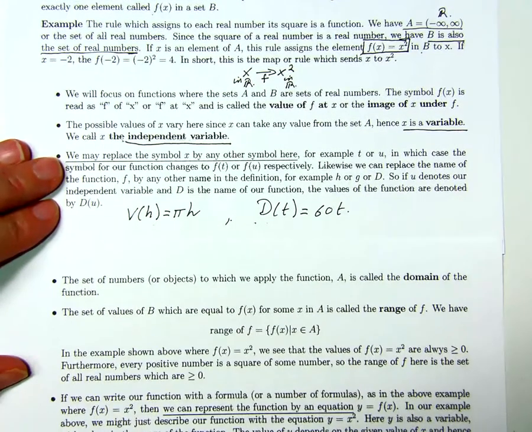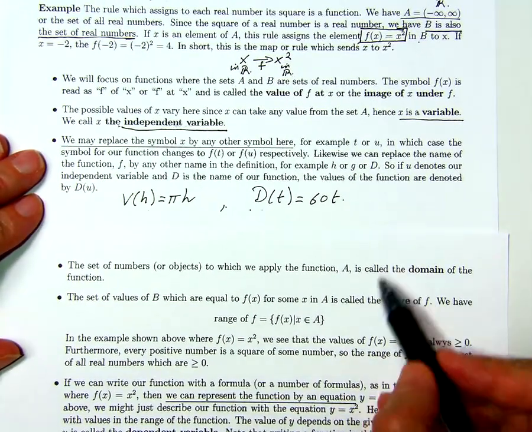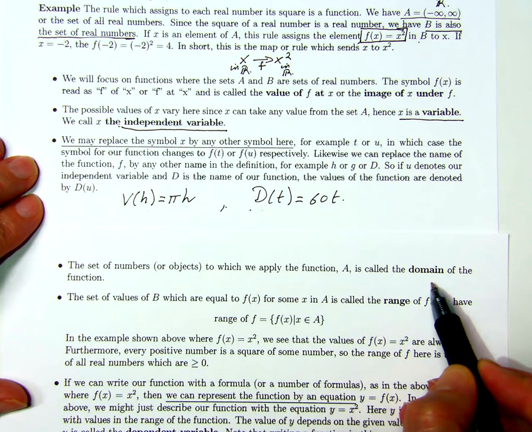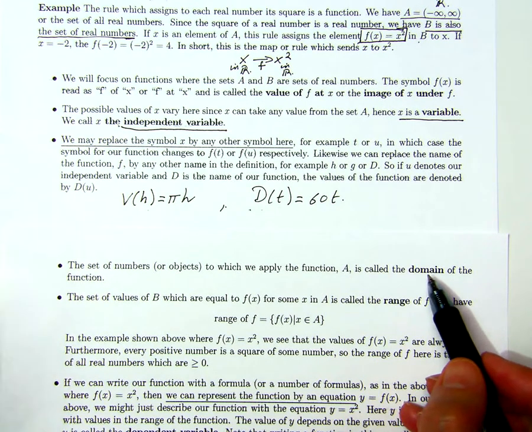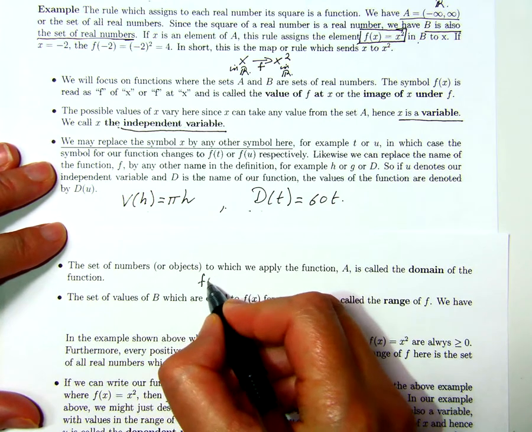The set of numbers to which we apply the function, those are A in the definition, that's called the domain of the function. So for example, our function f of x equals x squared.